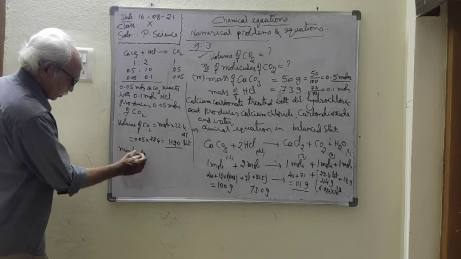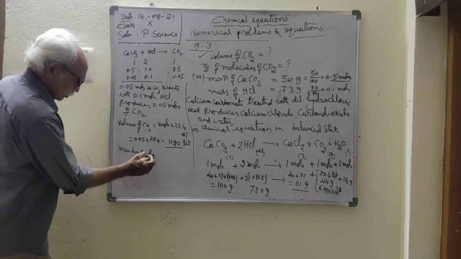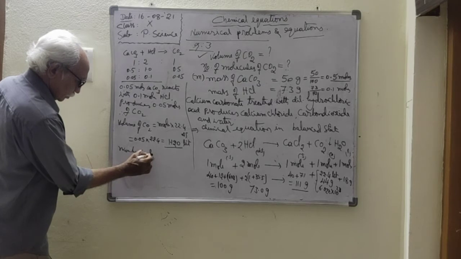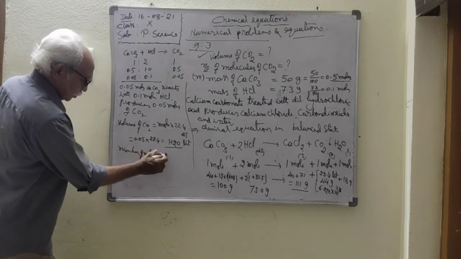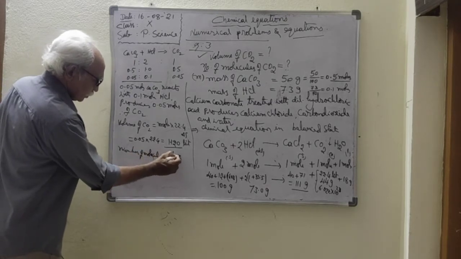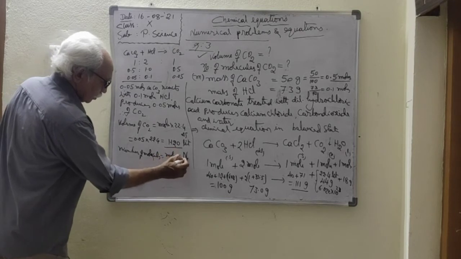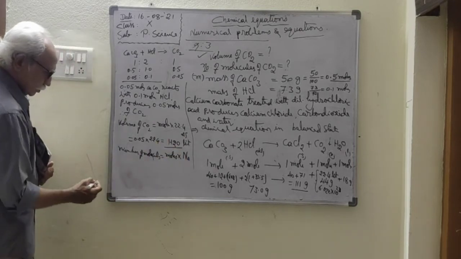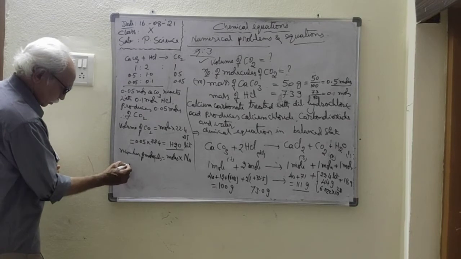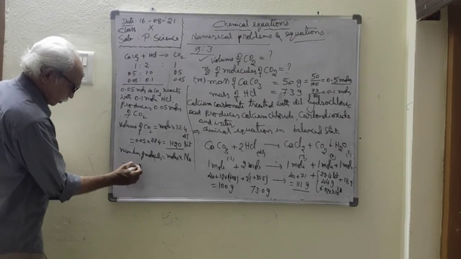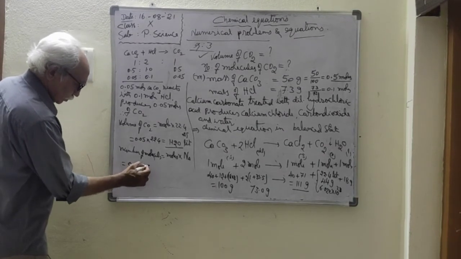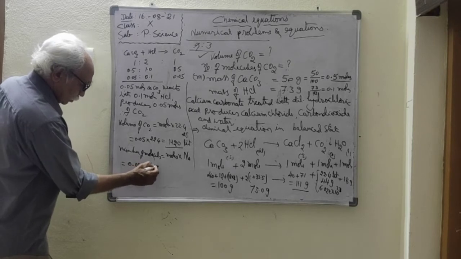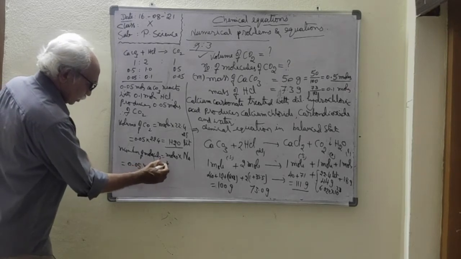Number of molecules is equal to moles into Avogadro number. So that is equal to 0.05 into 6.022 into 10 power 23.